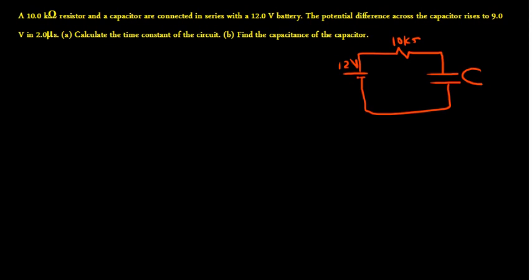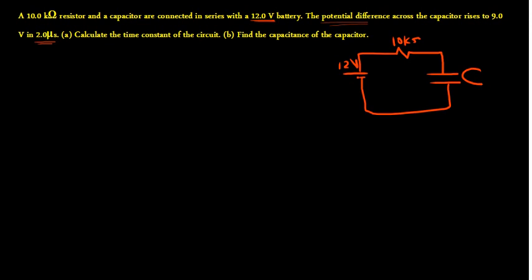The second thing is the potential difference across the capacitor. So I have enough information about the voltage across the capacitor after 2 microseconds, and I know the maximum voltage this capacitor could reach, which is the same voltage as the battery.